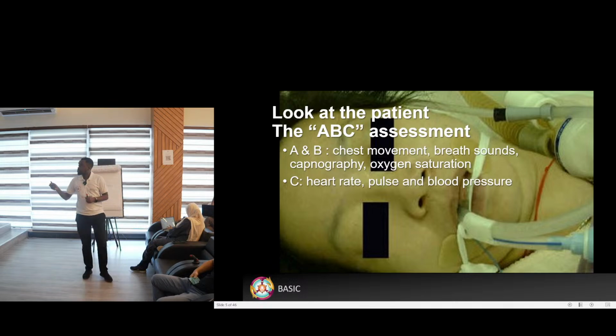You want to look at the patient, you want to look at the airway, is the airway patent, how is the patient breathing, and how is the circulation. But all this, you're required to do within how much? 3 seconds or 5 seconds. You can't do this while you're alone. So you need to have help from others.